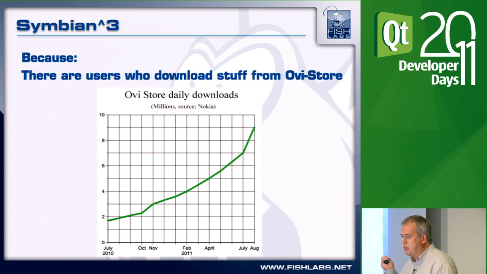And you see here the daily download figures over the past year or so. And you see tremendous growth here. And it won't stop. So you see not only are there millions of devices out there, but there are a lot of people downloading stuff from the Ovi Store. And there's a huge opportunity that these people will pick up your game or your app and pay for it.